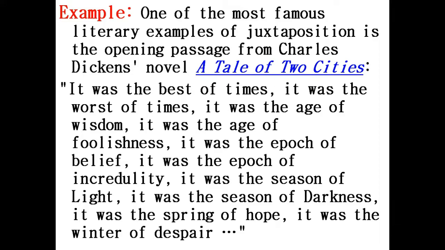It was the age of wisdom, it was the age of foolishness. It was the epoch of belief, it was the epoch of incredulity. It was the season of light, it was the season of darkness. It was the spring of hope, it was the winter of despair. Now you can see the parallel, it was totally opposite.